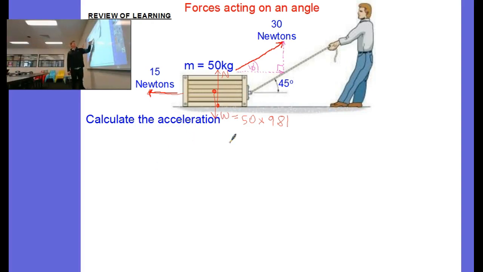Now, this horizontal component you can see is the adjacent side of the triangle. It's that part itself that is going to be the size of this 30 newtons that is trying to compete against and balance out this 15 newtons of friction.